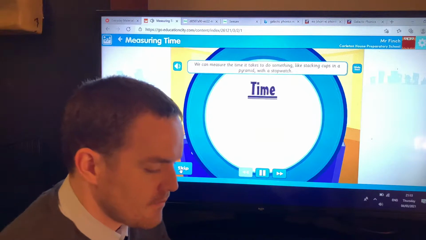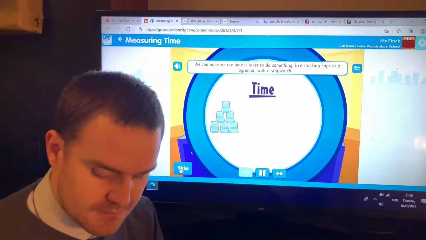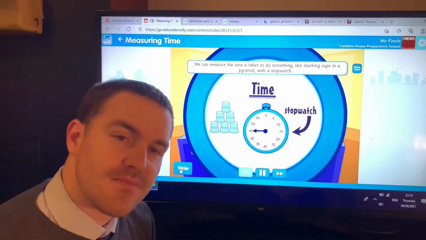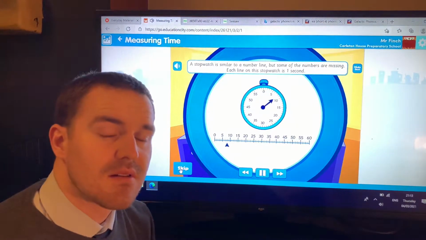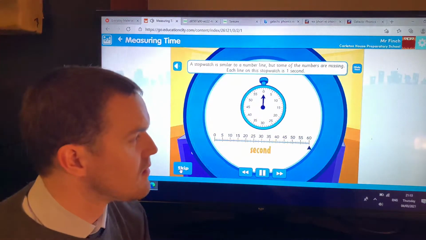We can measure the time it takes to do something, like stacking cups in a pyramid with a stopwatch. A stopwatch is similar to a number line, but some of the numbers are missing. Each line on this stopwatch is 1 second.